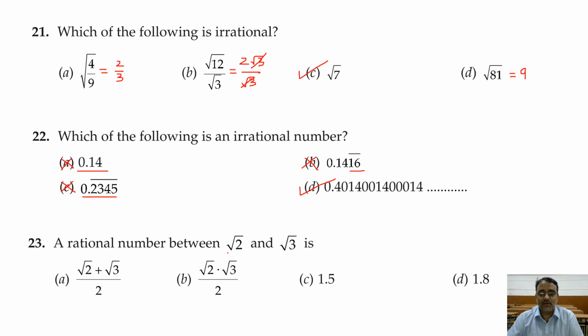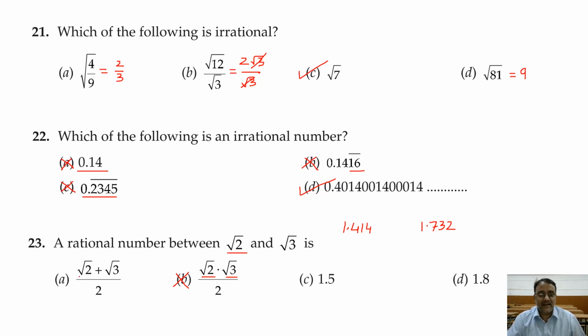One minute, look. The value of root 2 is approximately 1.414, approximate not exact, and root 3 is 1.732. Right? So see, this one is not the answer. Why not? Because this is an irrational number. Root 2 into root 3 is an irrational number. If you divide irrational by rational, you will get an irrational number.